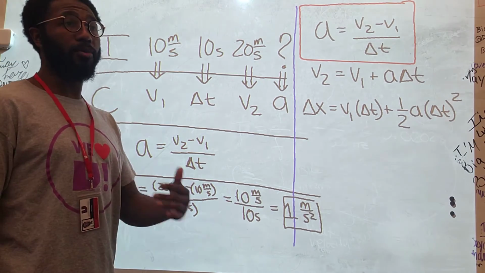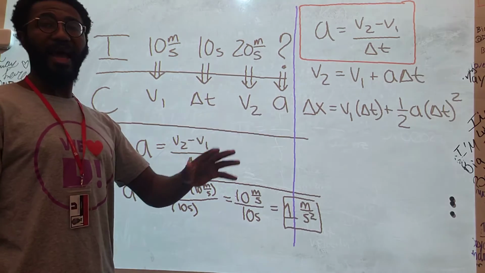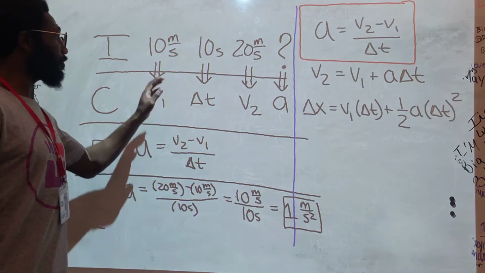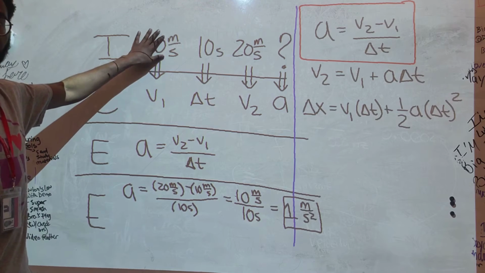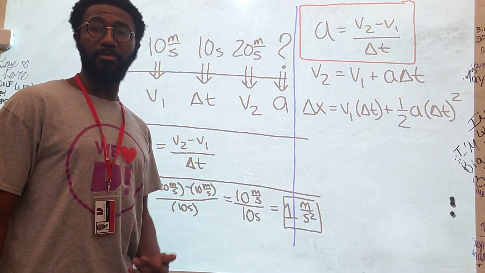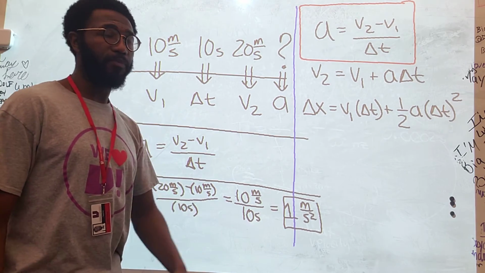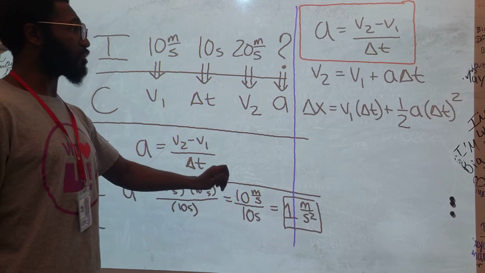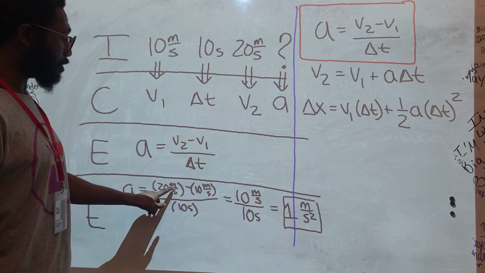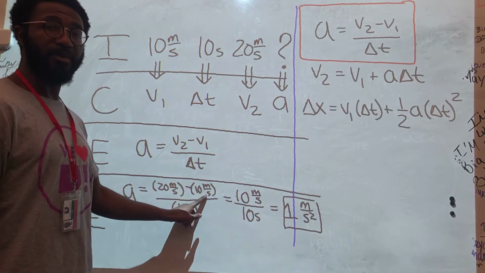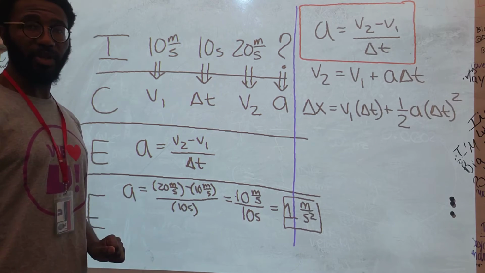For example, if a car was driving and they saw an accident and they started to slow down, that means the car's initial velocity might be 50 meters per second, but its final velocity could be 20 meters per second because it slowed down. That means our acceleration would end up being negative because we would have 20 meters per second as our final velocity minus 50 meters per second, which is our initial velocity.